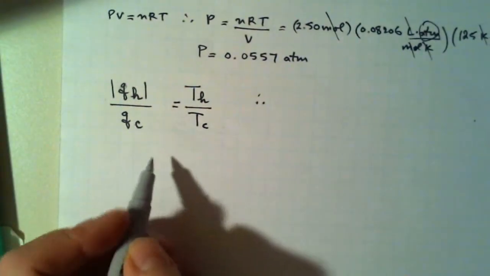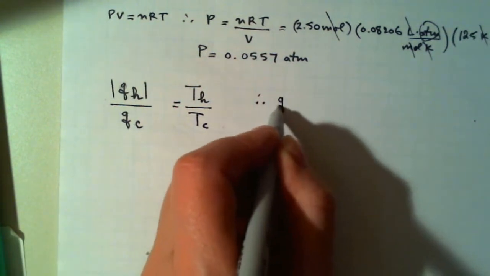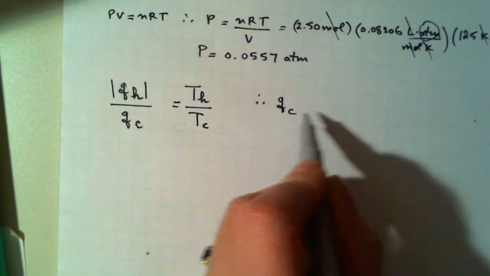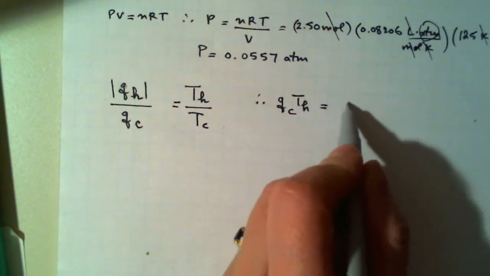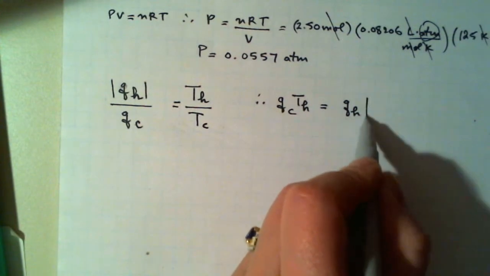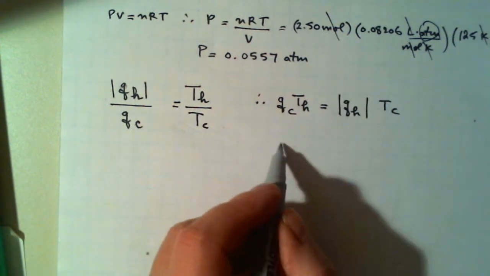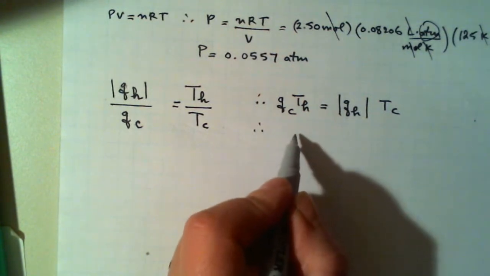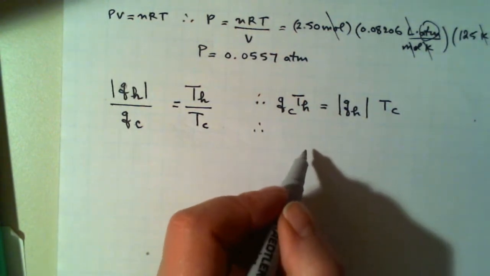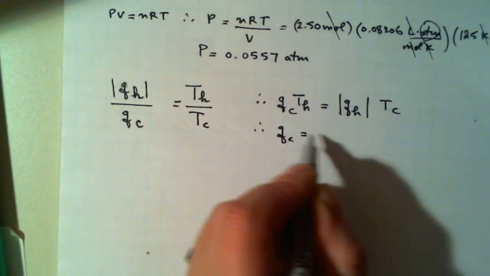So I can cross multiply and solve for Q C. Q cold T hot is equal to Q hot T cold. I have my Q hot, that was the 163.00. I'm looking for the Q cold.